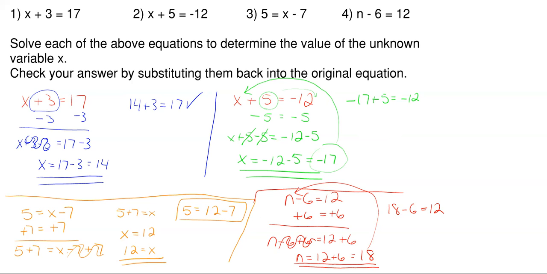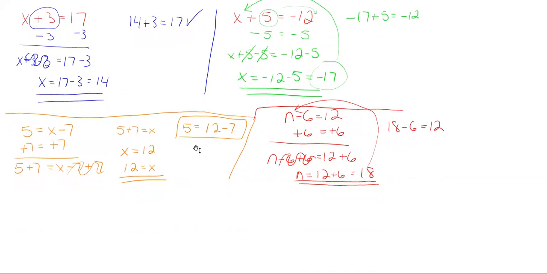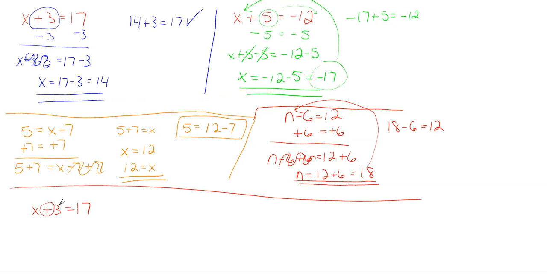So another way that this can be done, if you start getting really good at it, and we'll have more videos like this with this method. But essentially, looking at the first one here, with x plus 3 equals 17, since the sign is positive here, you can just move this 3 to the other side with the opposite sign.